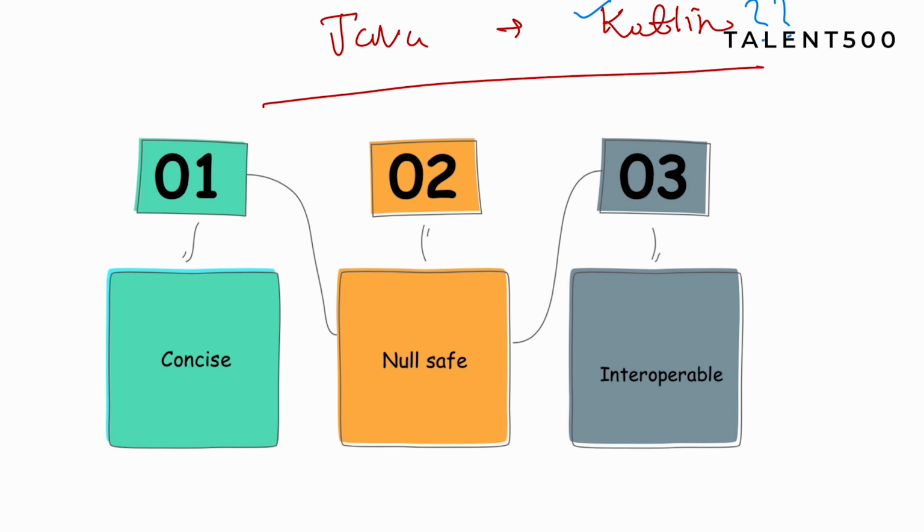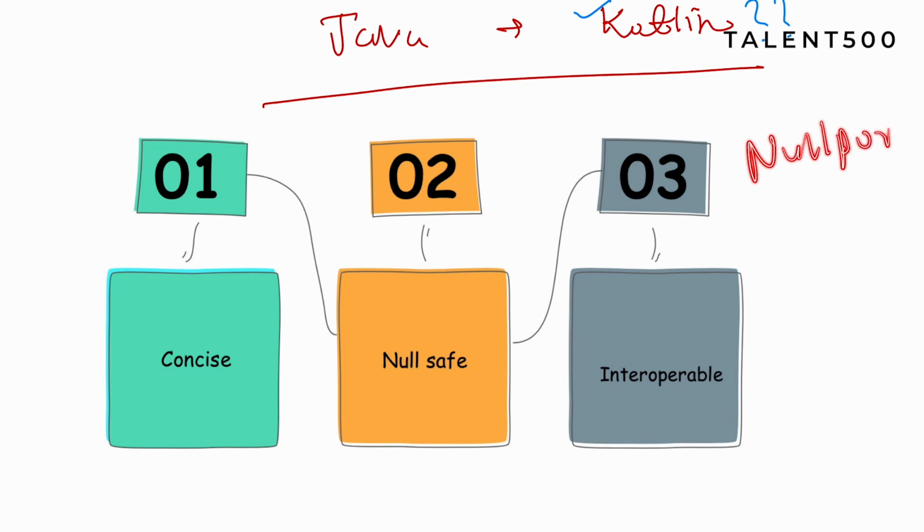So the number one reason is obviously that this programming language is very concise. It provides null safety as well. This is one of the major advantages of using Kotlin, null safety. In Java, this was a big issue for developers. If you access a null variable, you will get the null pointer exception.